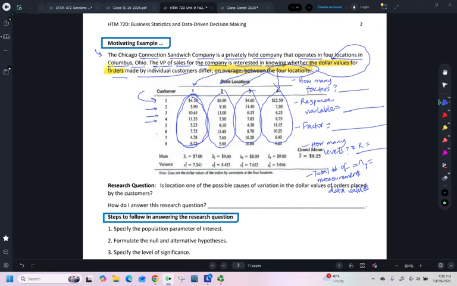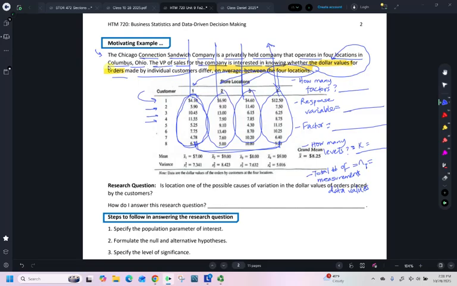Another way to say that is we want to see if location is a key factor in determining the variabilities in the dollar values of orders made by individual customers. Since we have more than 2 groups here, we're testing hypotheses regarding the equality of more than 2 population means.